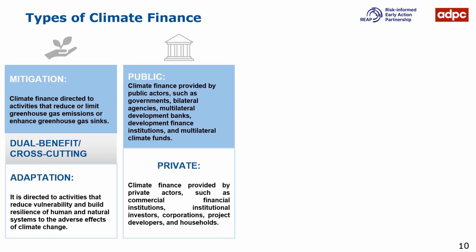Second, finance may be public or private. Public finance comes from governments, public institutions, multilateral development banks, bilateral agencies, development finance institutions, and multilateral climate funds. Private finance comes from commercial banks, corporations, institutional investors, project developers, households, and market actors.